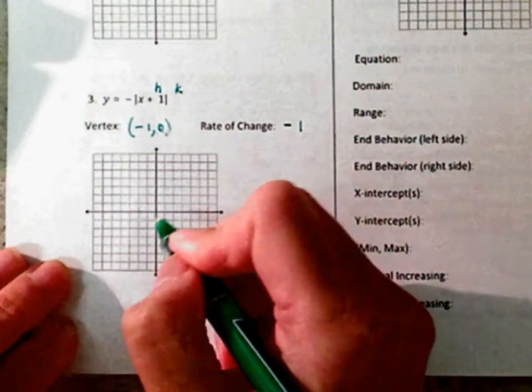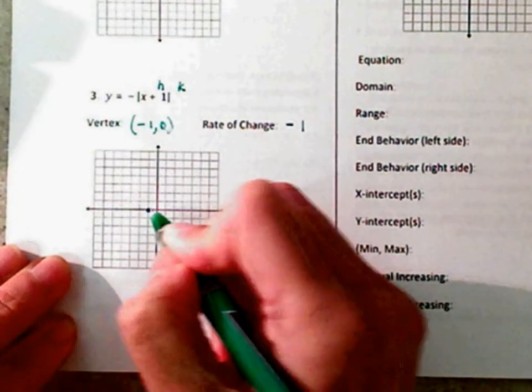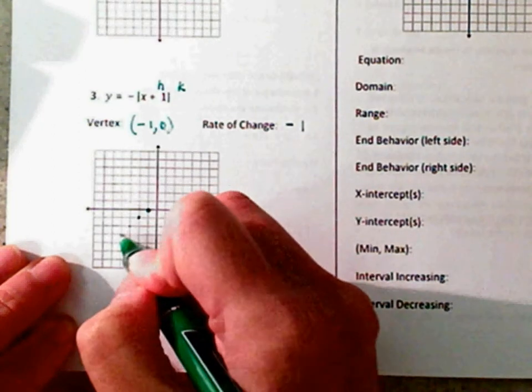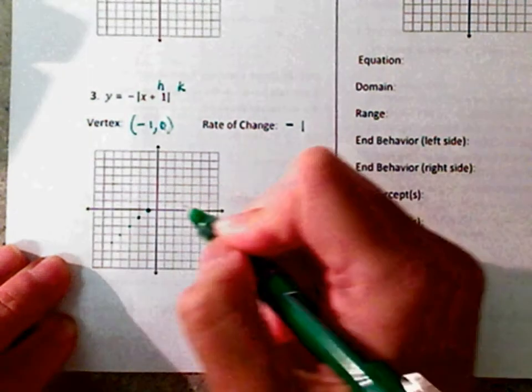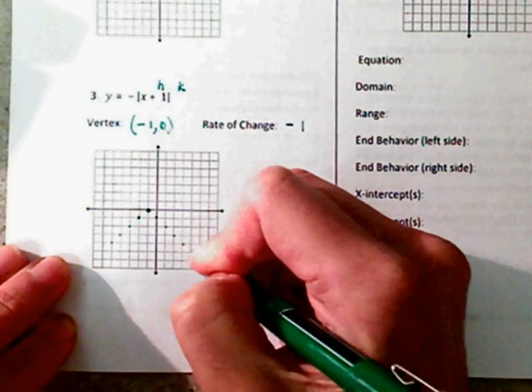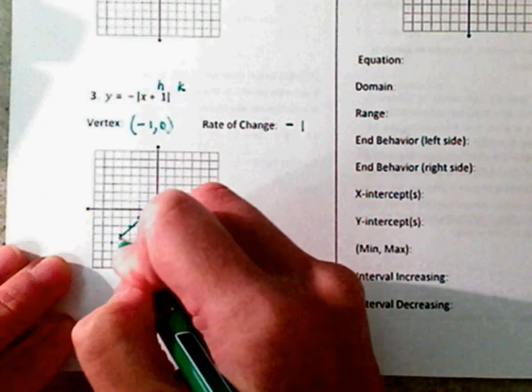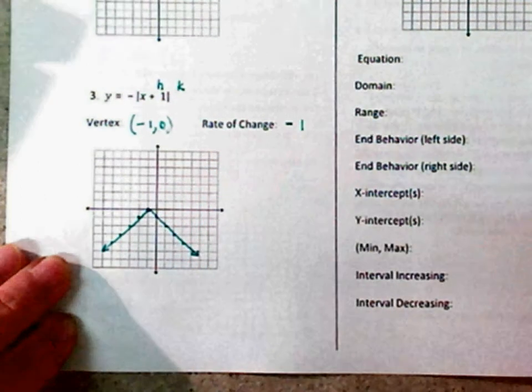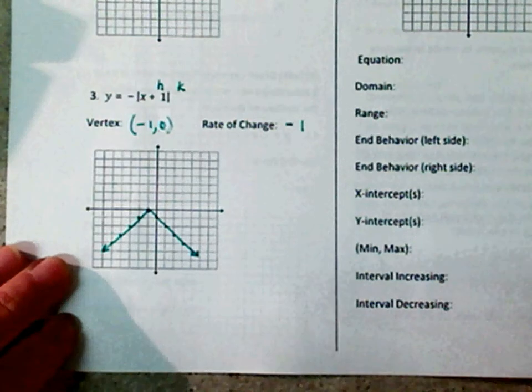So I'm going to go to negative 1, 0. Your rate of change is down 1, left 1. As you can see, since it's an absolute value, it's going to go in the same direction. Negative slope. Connect your points, and you have your absolute value lines.